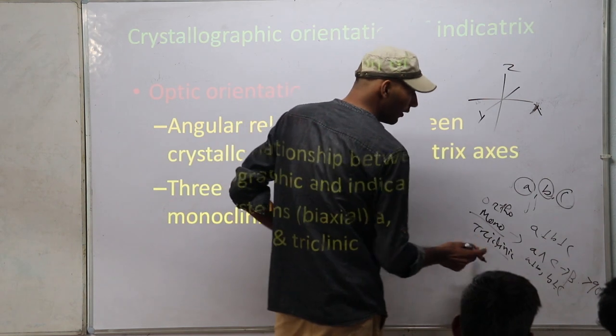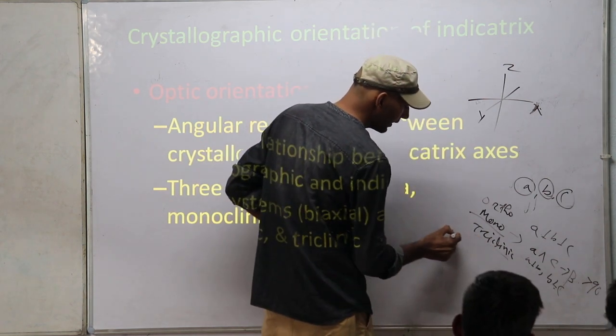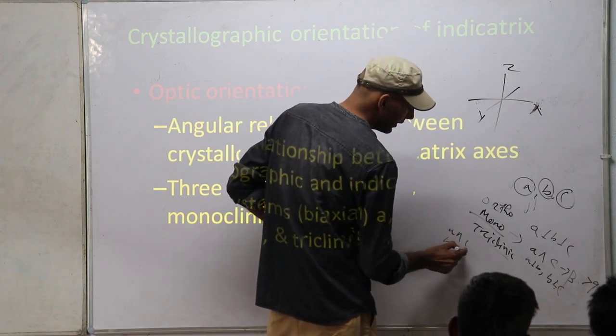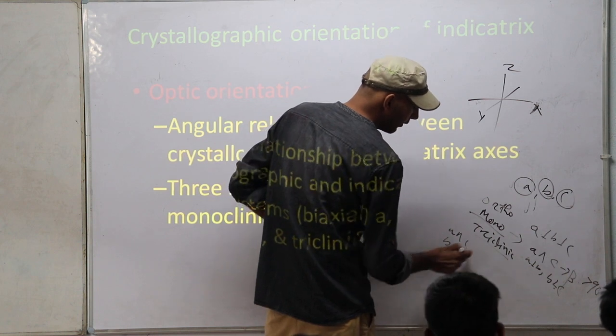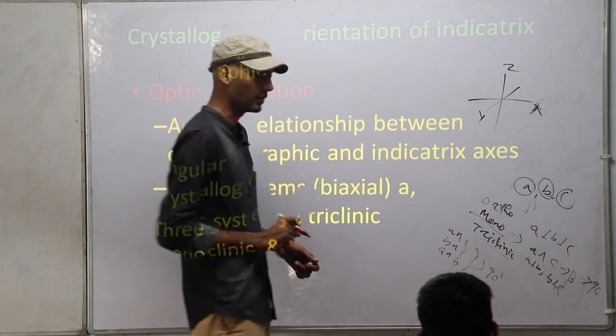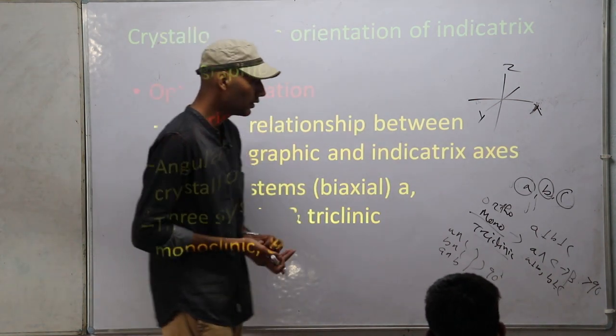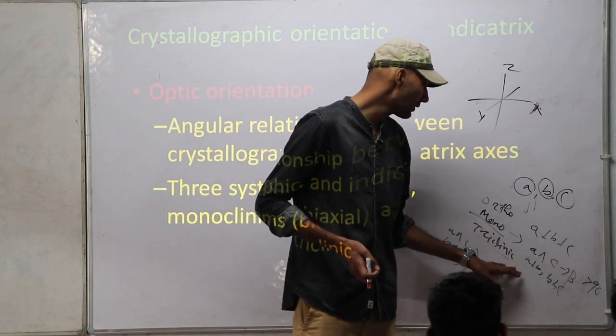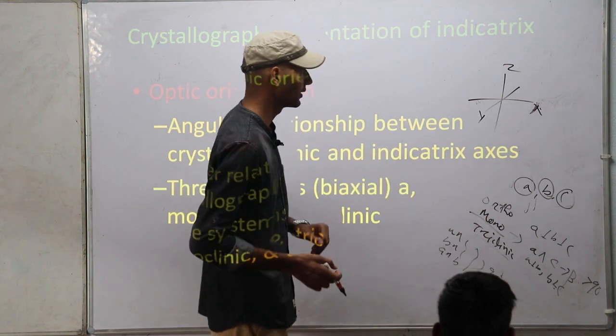In triclinic, all of the angles, that is A angle C, B angle C, A angle B, are greater than 90 degrees. All are obtuse angles, right? So there are different axial relationships in these three systems.